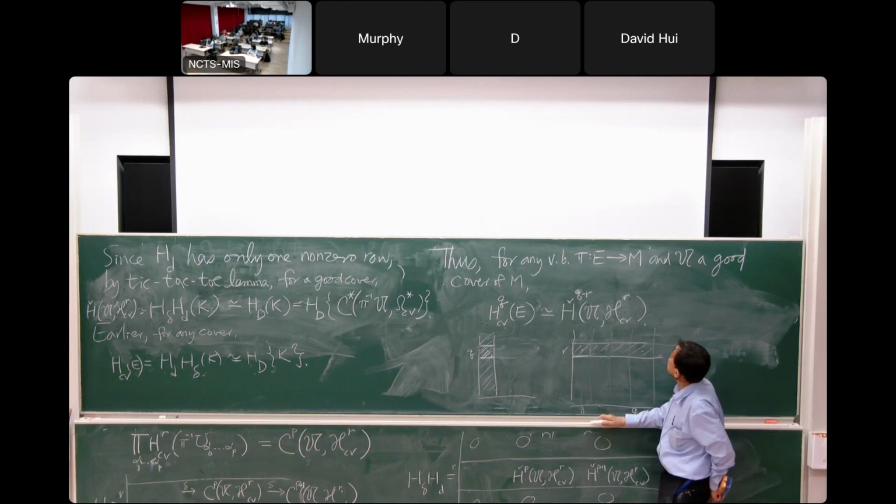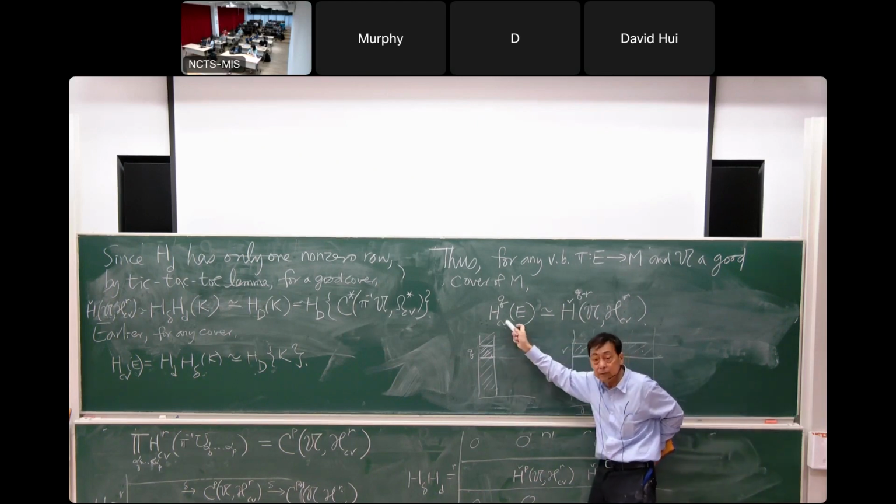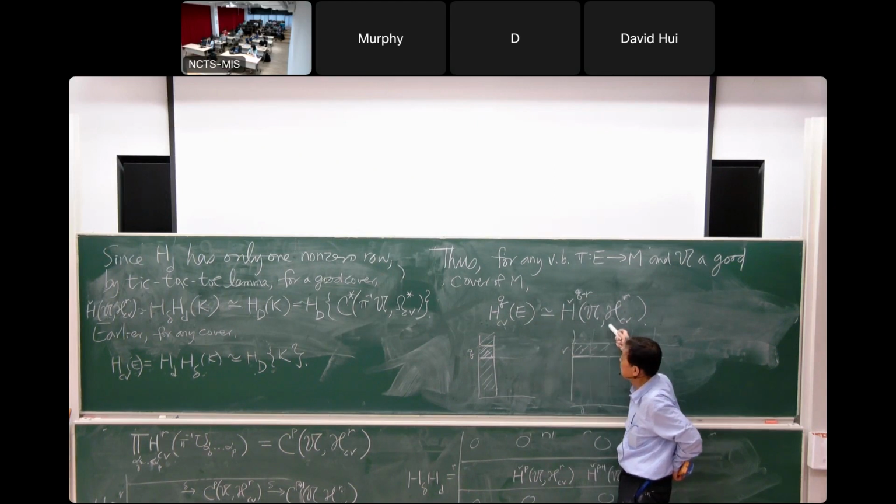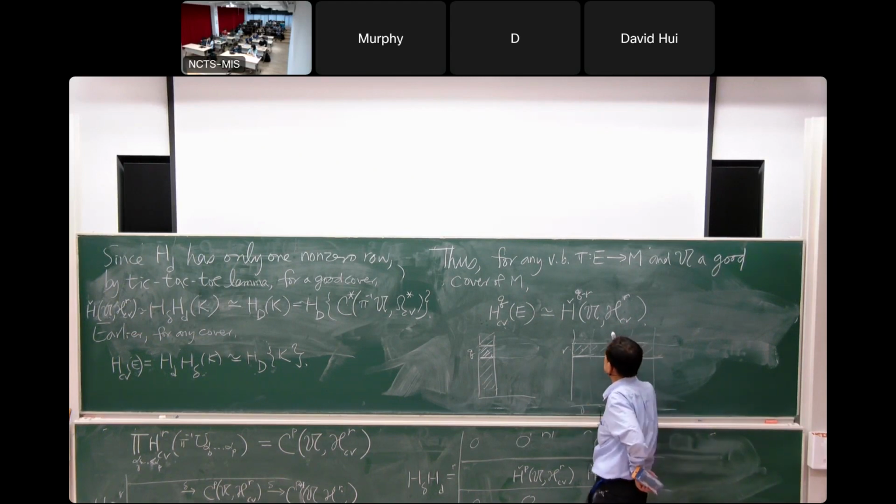This is for any good cover. But this side doesn't depend on the good cover. So what this statement says is that for any good cover, the Čech cohomology with this pre-sheaf as coefficient are all isomorphic. It's constant.